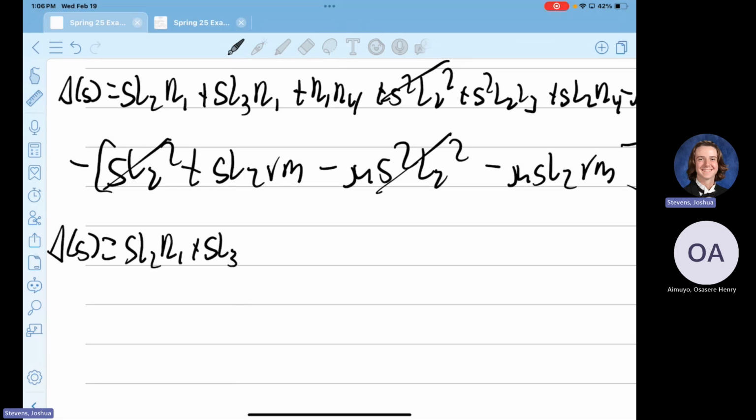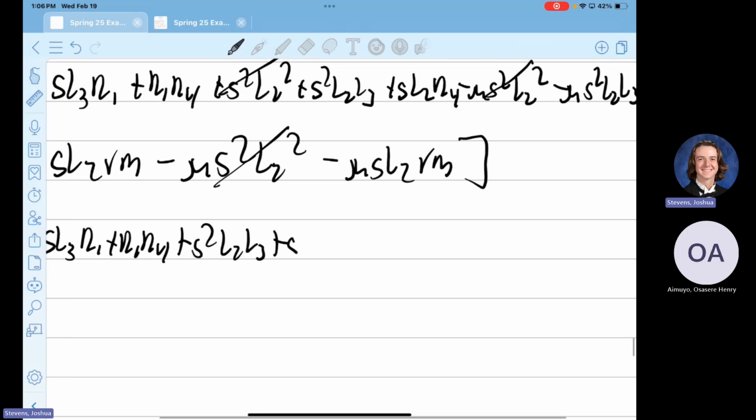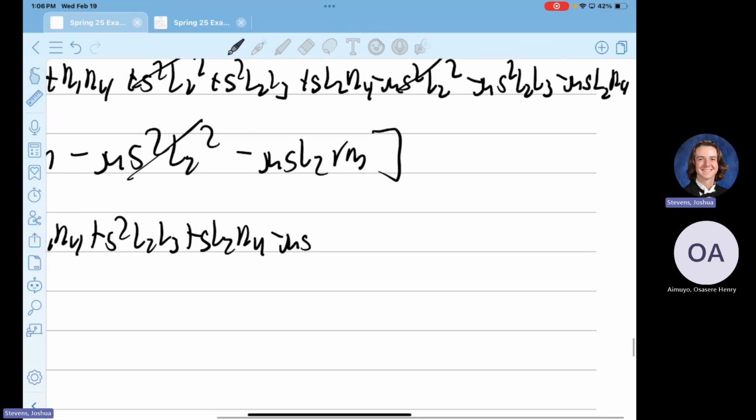SL2R1 plus SL3R1 plus R1R4 plus S squared L2L3 plus SL2R4 minus mu S squared L2L3 minus mu SL2R4.